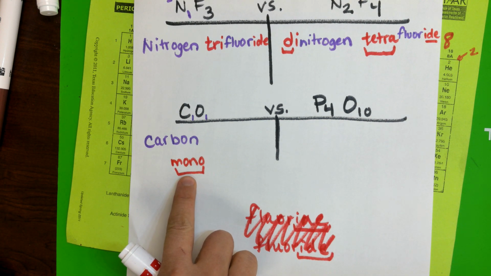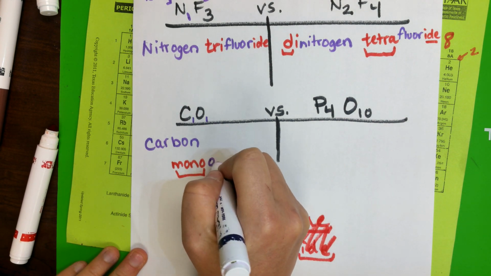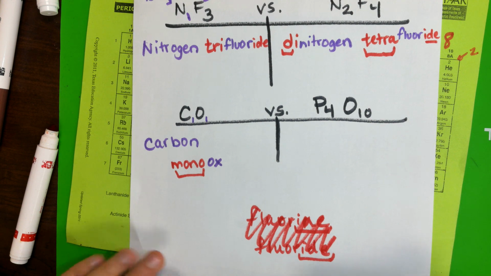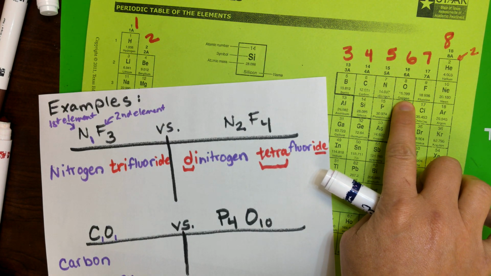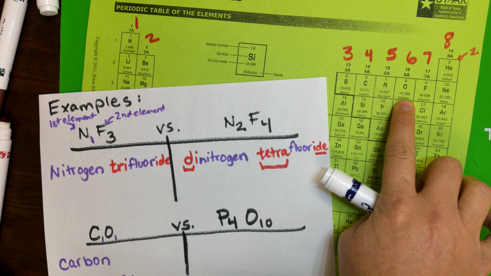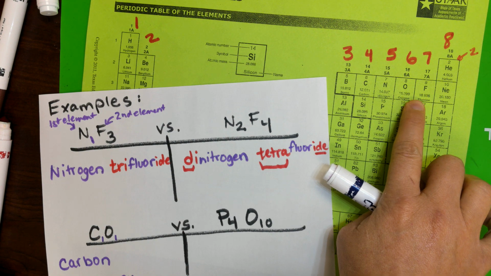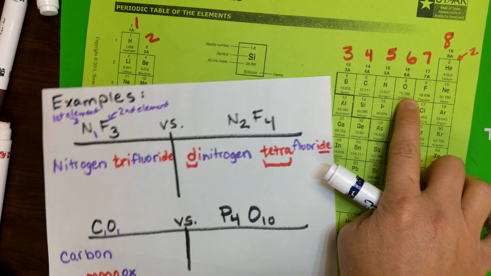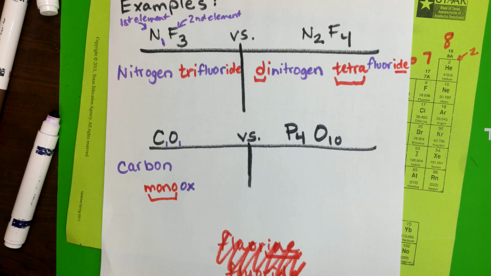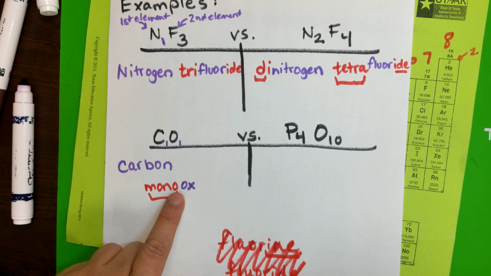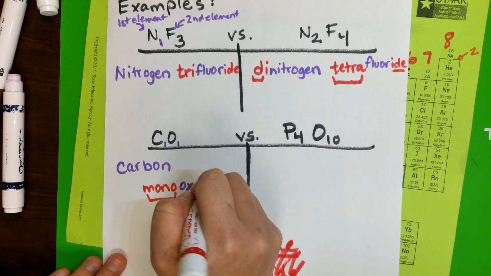So mono, and then it will be ox. Now instead of oxygen, we need to put IDE. So how are we going to put that? It will be ox. It can't be oxygen. It's oxide. Okay, so it will be mono and monoxide.